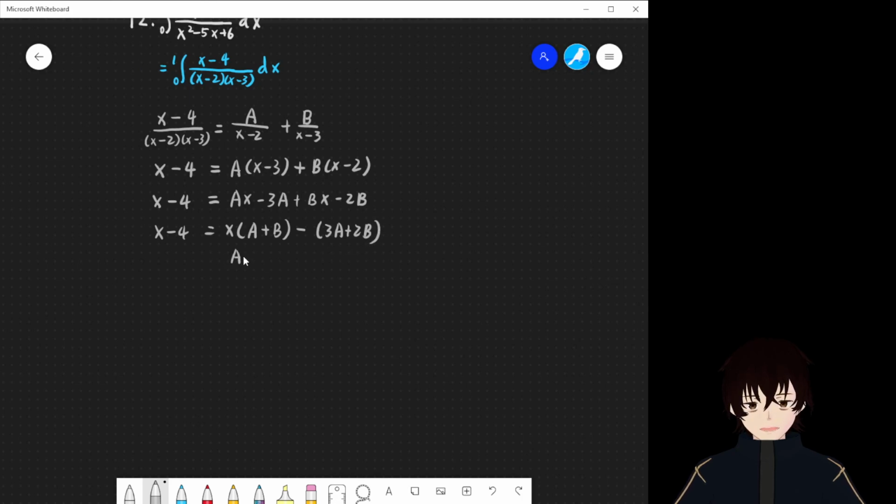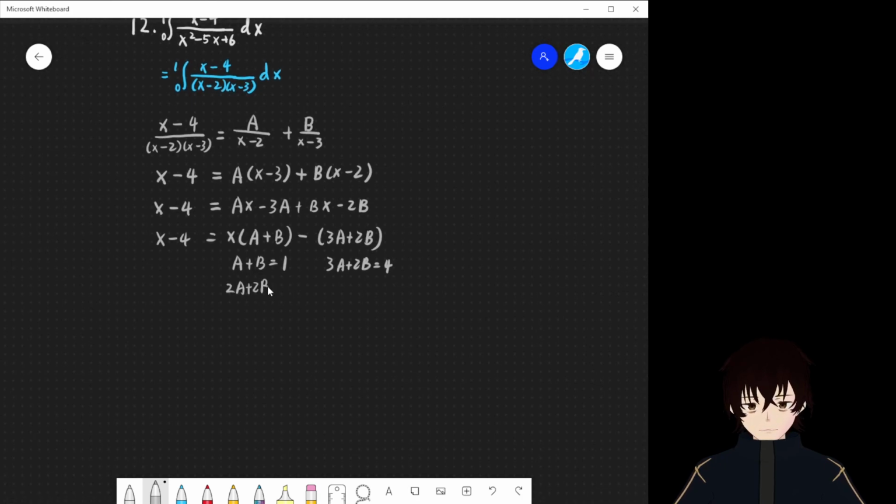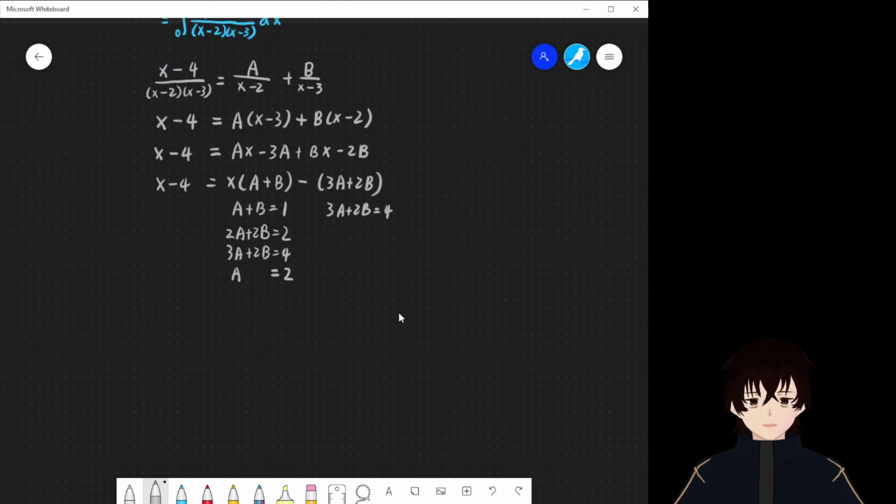So a plus b must be equal to 1, and 3a plus 2b must be equal to 4. Therefore, 2a plus 2b equals 2, and 3a plus 2b equals 4. Subtract and we get a equals 2. If a is equal to 2, then b has to be equal to negative 1.